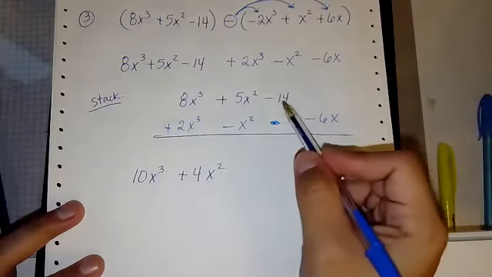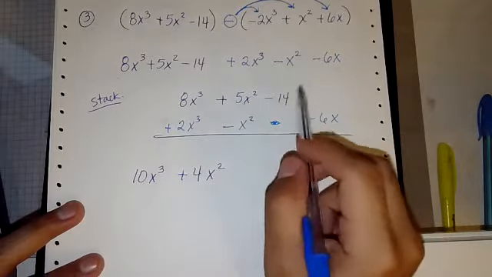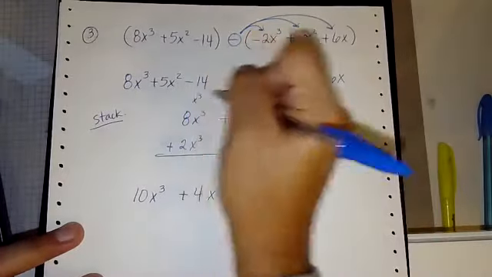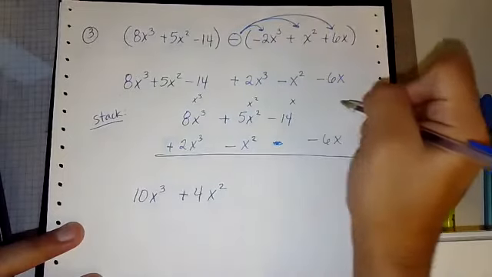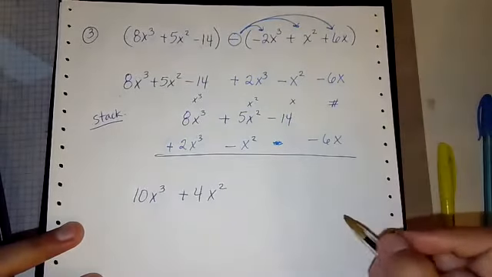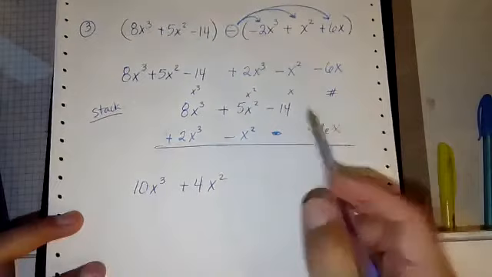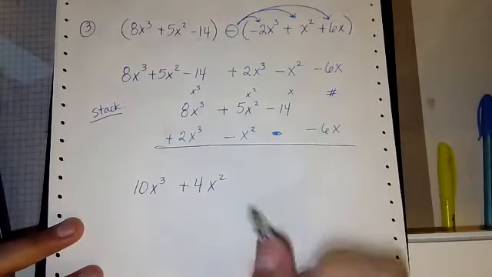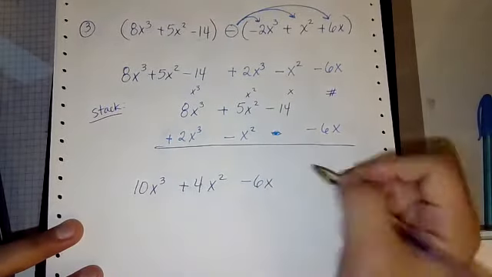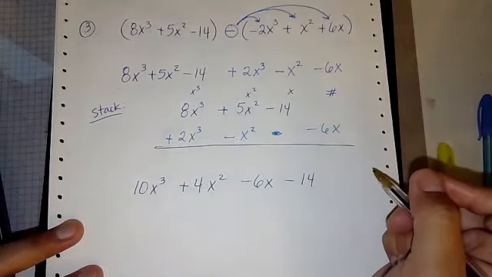And then here's where I said I sort of wrote this in the wrong order. I like to have this as x to the third, x to the second, x, and then the constant term. But that's not a big problem. I'm just going to put negative 6x here first and then minus 14.